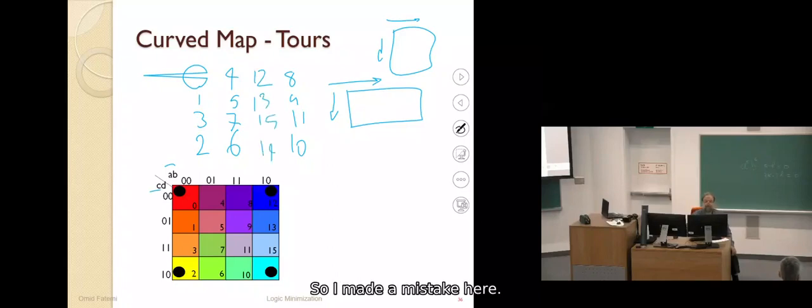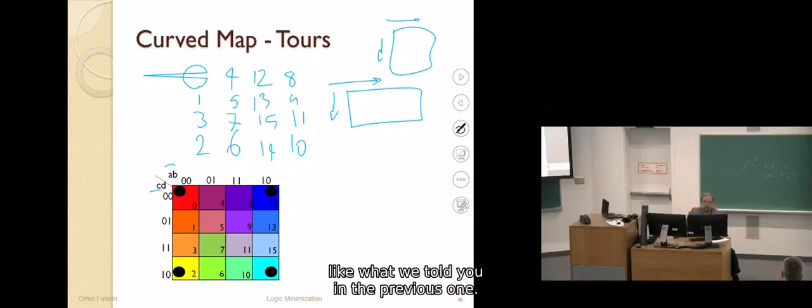So I made a mistake here. The numbers do not correspond to the min terms. I guess I made a mistake. These 2 should be swapped, the last 2. 8, 9, 10, 11, 12, 13, 14, 15. Yeah, now it should be perfect. So this is the 4-variable Carnot map.